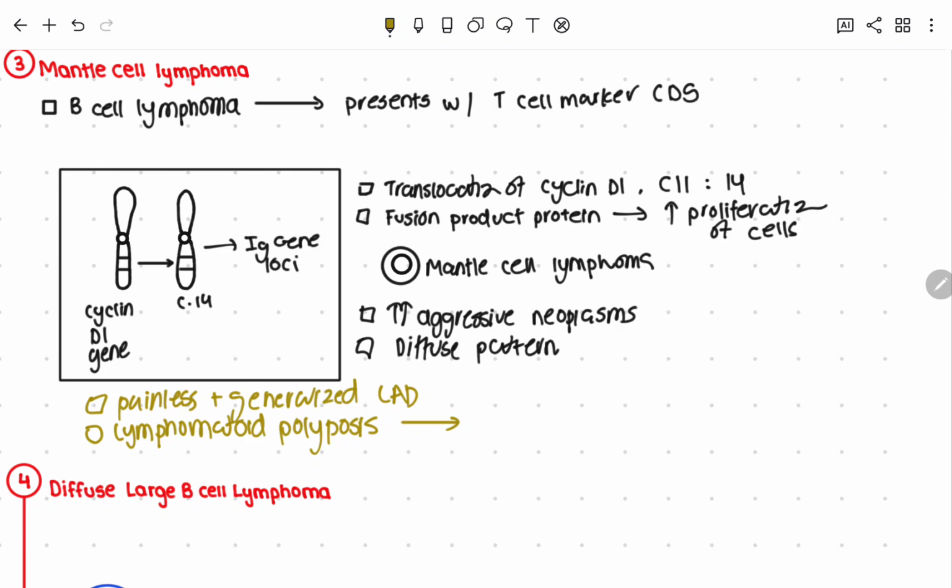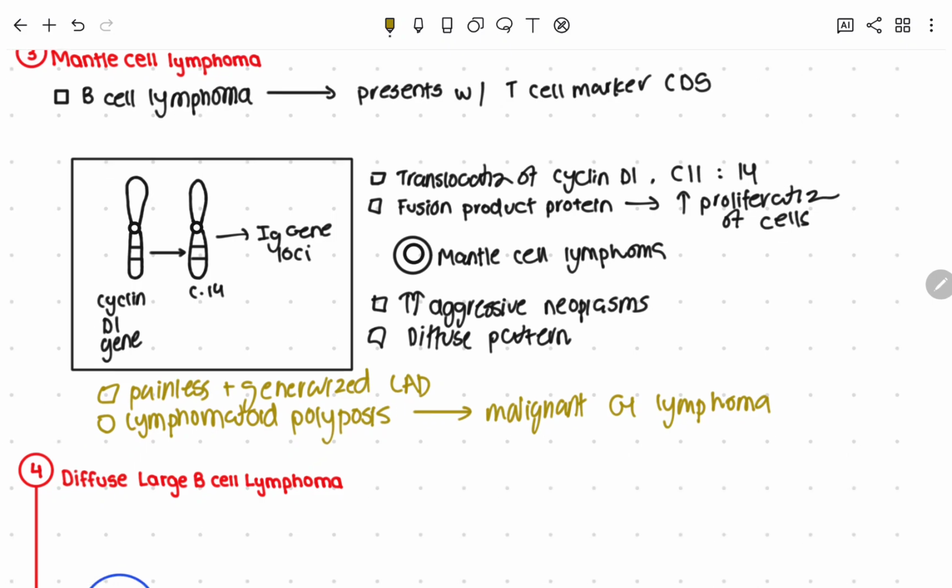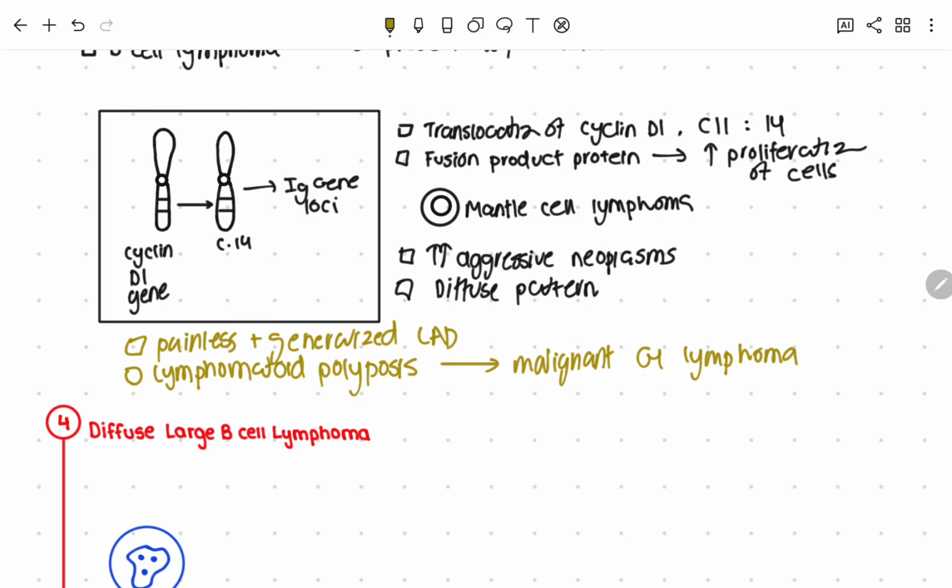And what this basically is, is a distinctive and particularly rare clinical type of malignant GI lymphoma. And so mantle cell lymphoma, one of its presentations is lymphomatoid polyposis, which is a malignant GI lymphoma. Cool. That should be pretty much everything you need for mantle cell lymphoma.